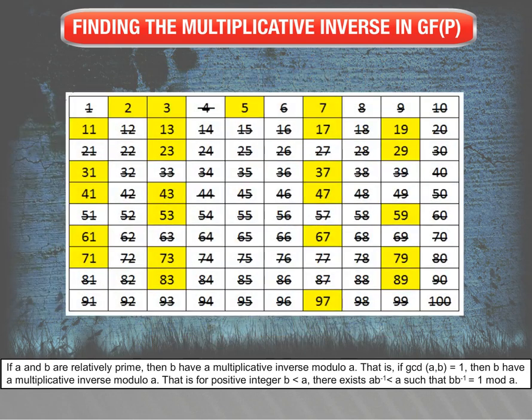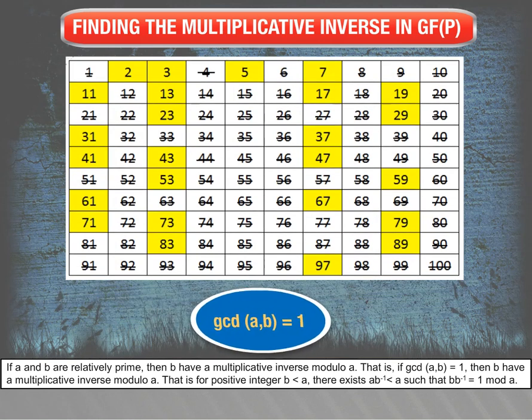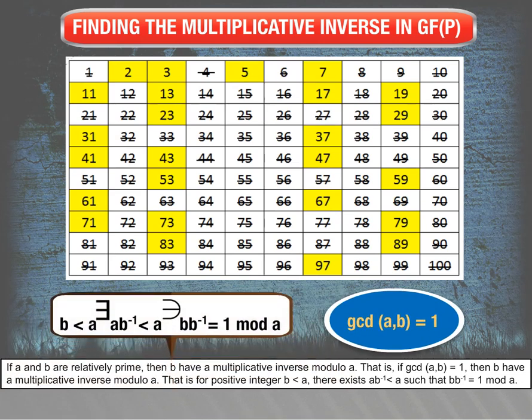If a and b are relatively prime, then b has a multiplicative inverse modulo a. That is, if gcd(a, b) is equal to 1, then b has a multiplicative inverse modulo a. That is, for positive integer b less than a, there exists a b inverse less than a such that b times b inverse is equal to 1 mod a.